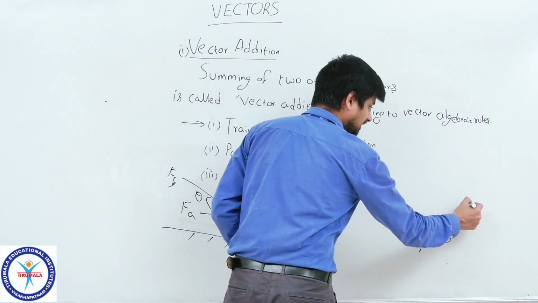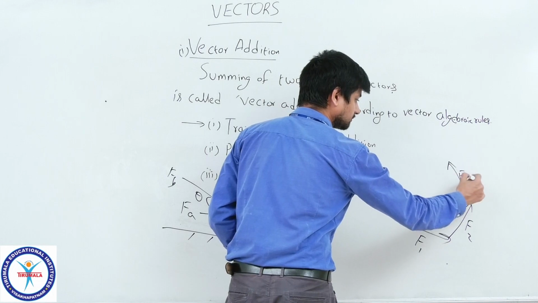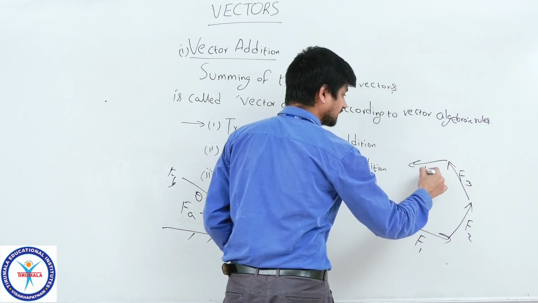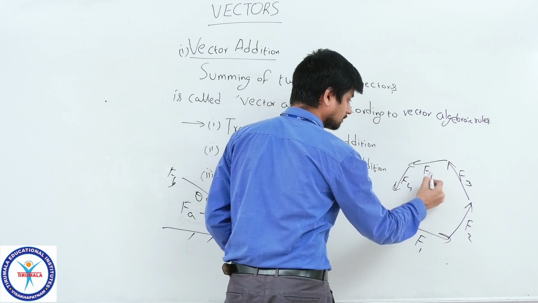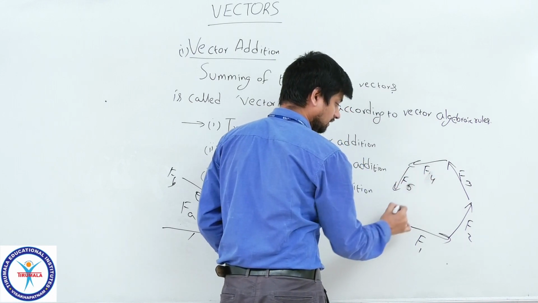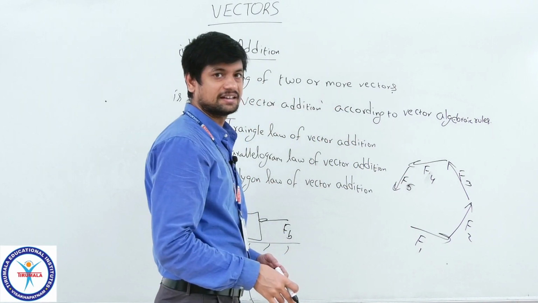F1 force is acting, here one force is acting, here one force is acting, here one force is acting, here one force is acting. So, what will be the resultant of this?